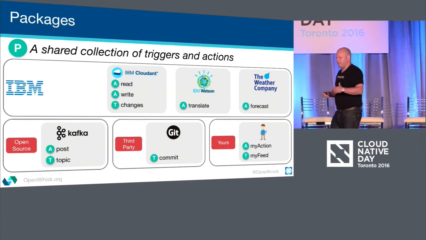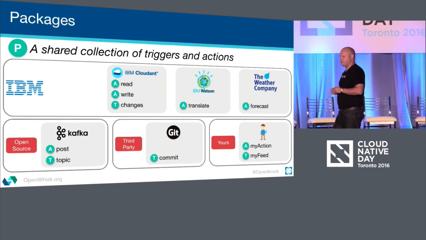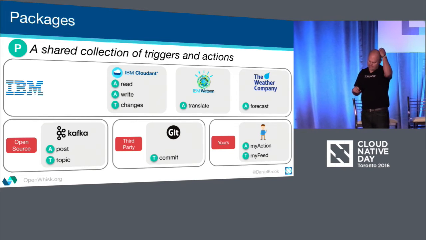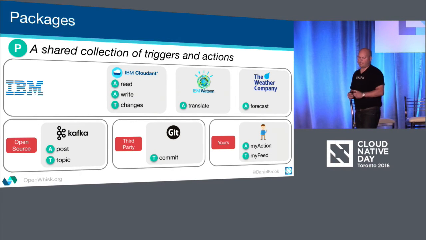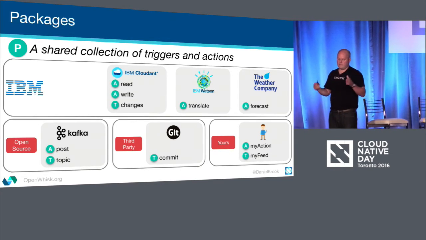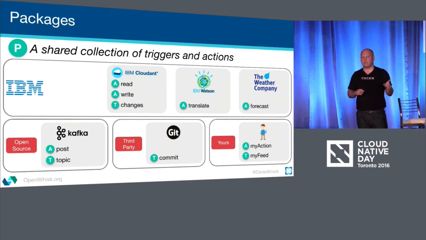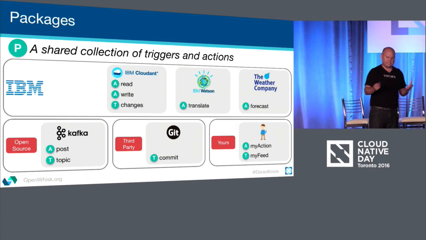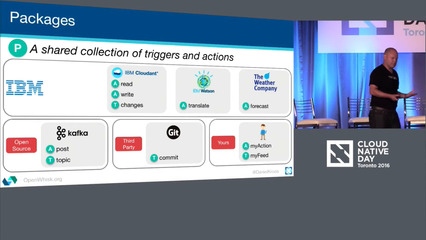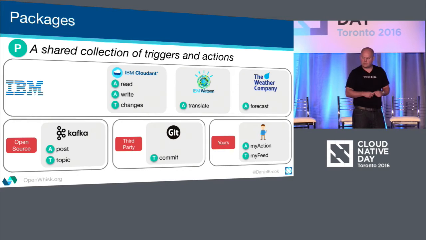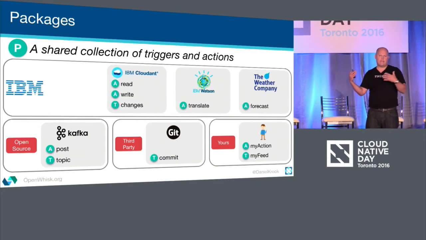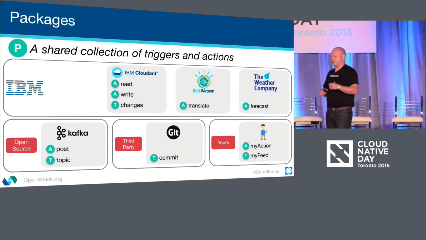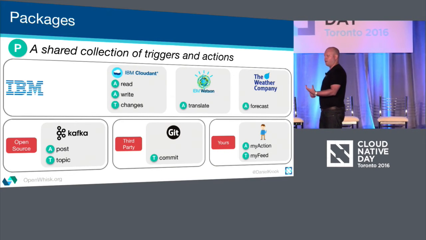Okay, and the package is this construct supported by OpenWhisk to bundle those triggers, those actions, and the rules together. Well, the triggers and actions mostly. And the instance of OpenWhisk that is running in the IBM cloud, the Bluemix cloud, already has a bunch of pre-built packages specific to things that we have there, such as Watson. But the open source version also has packages for CouchDB, which can also be run in a hosted cloud environment. So there are some pre-provided packages there as well.